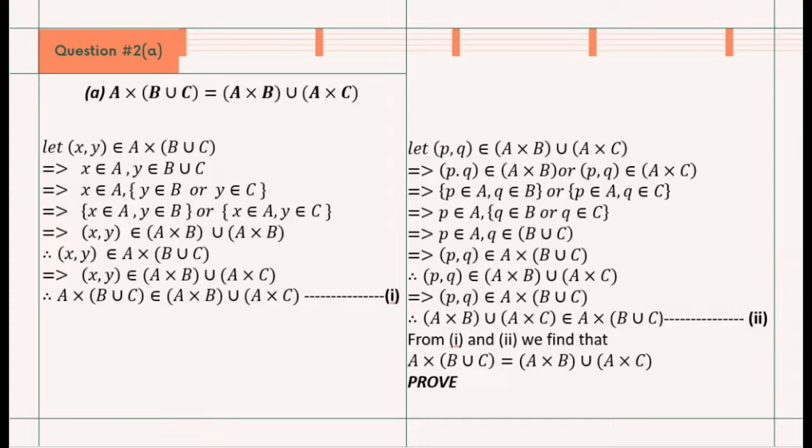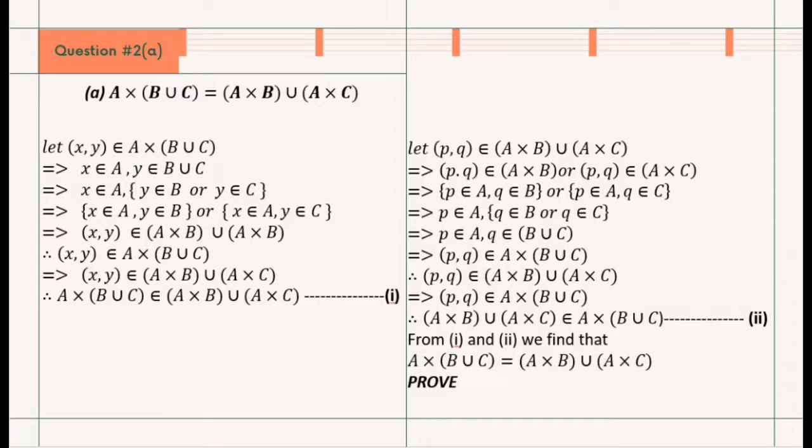To show this subset, let ordered pair (X, Y) belong to A cross (B union C). Now this implies, by definition of Cartesian product of two sets, A cross B contains all such ordered pairs (X, Y), X belong to A, Y belong to B. Then X belong to A, Y belong to B union C implies X belong to A, Y belong to B, or Y belong to C by definition of union.